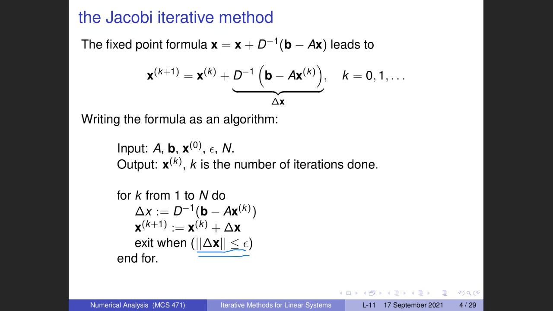So the stop criterion consists in us checking whether the norm of the update is small enough. So if we have a converging iteration, then that norm will be a very good estimate for the accuracy of our solution. Okay, we have a fixed point formula, an iterative formula, and now also an algorithm.